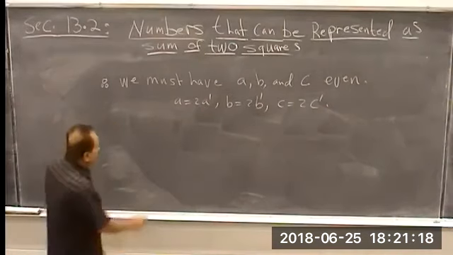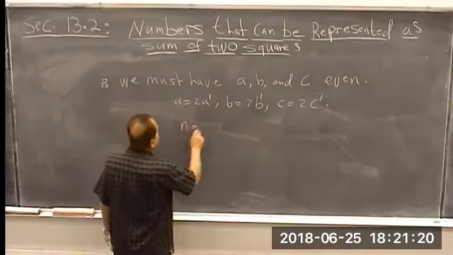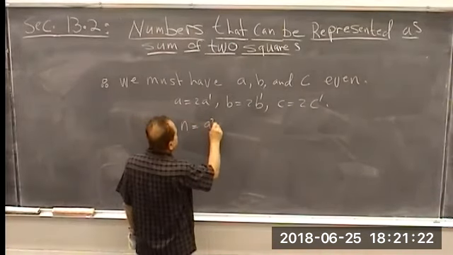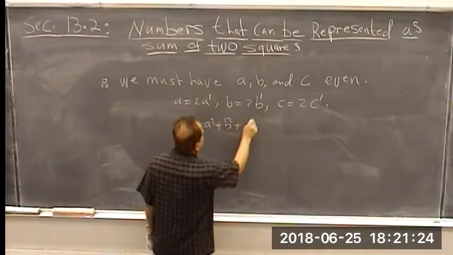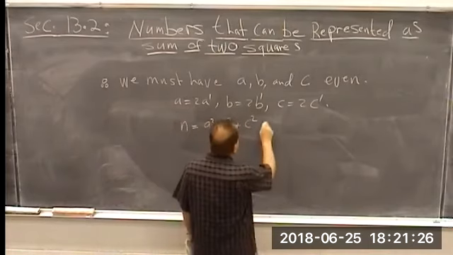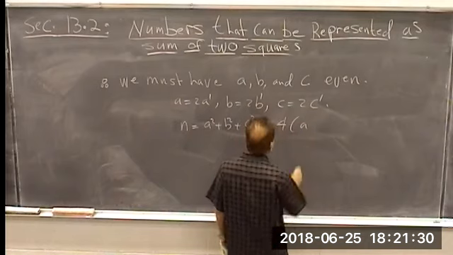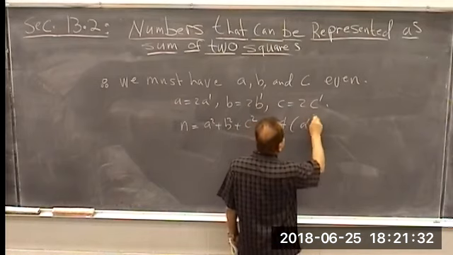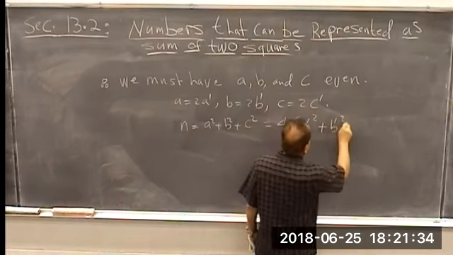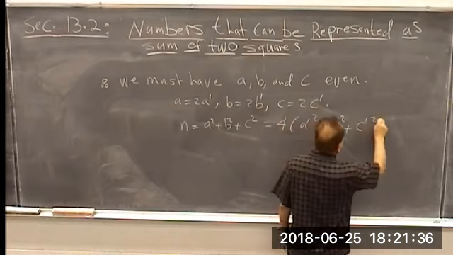Now, with this, n equal to a squared plus b squared plus c squared becomes 4 times a prime squared plus b prime squared plus c prime squared.